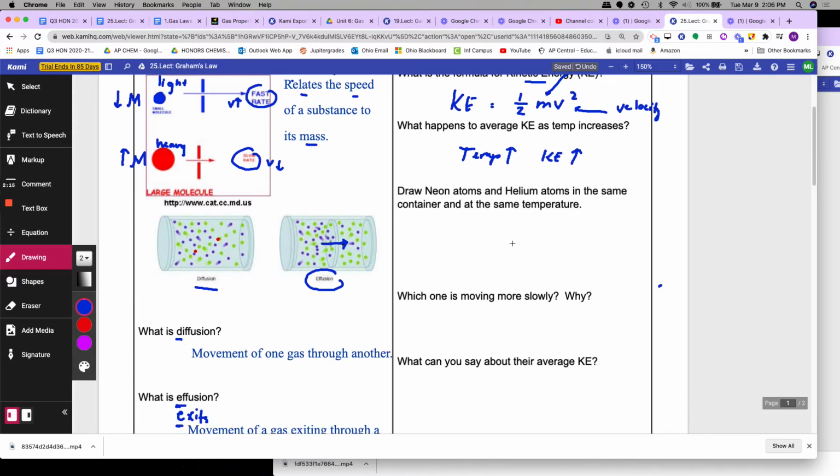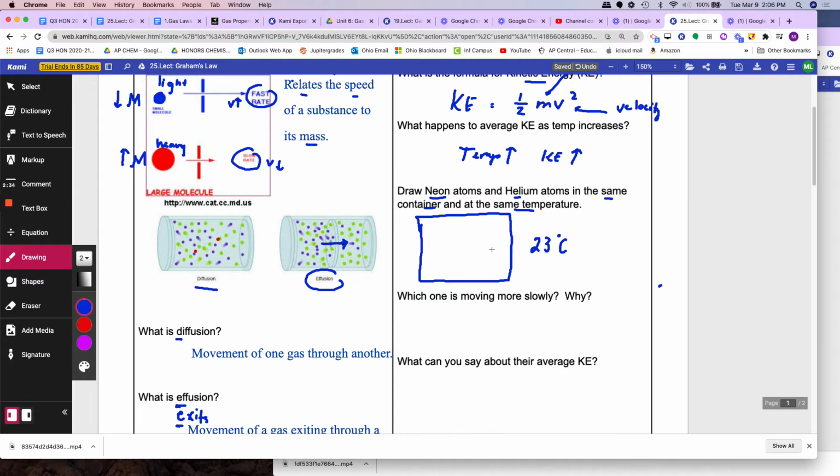Okay, so let's go ahead and look at two different atoms. You have a neon and a helium atom. In a container, they're in the same container, which means they have the same temperature. So let's say it's, I don't know, 23 degrees Celsius. That's about room temperature.